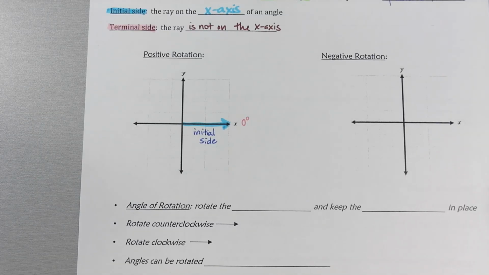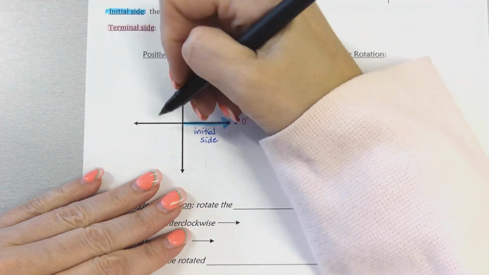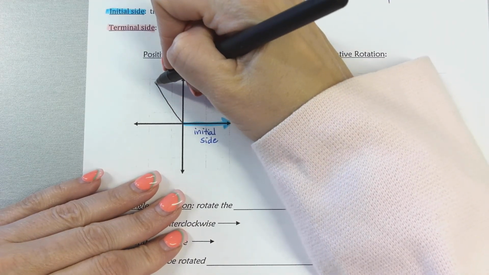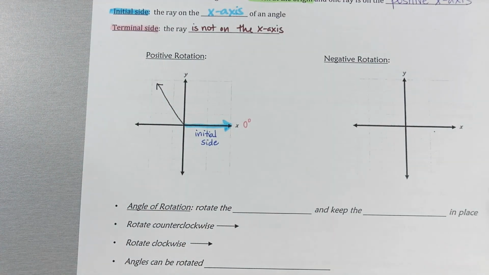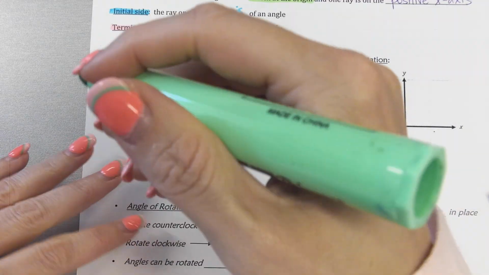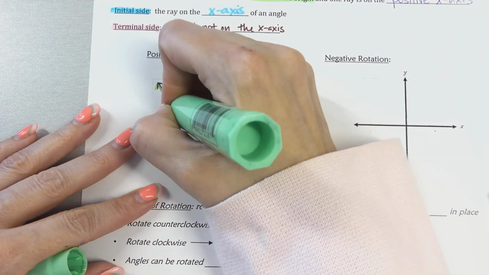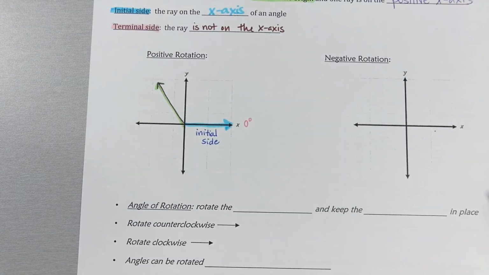And then we're just going to draw in the terminal side together. Yours does not have to be in the exact same place that mine is. So it'll be a ray, and I'm actually going to give you guys some straight edges today.